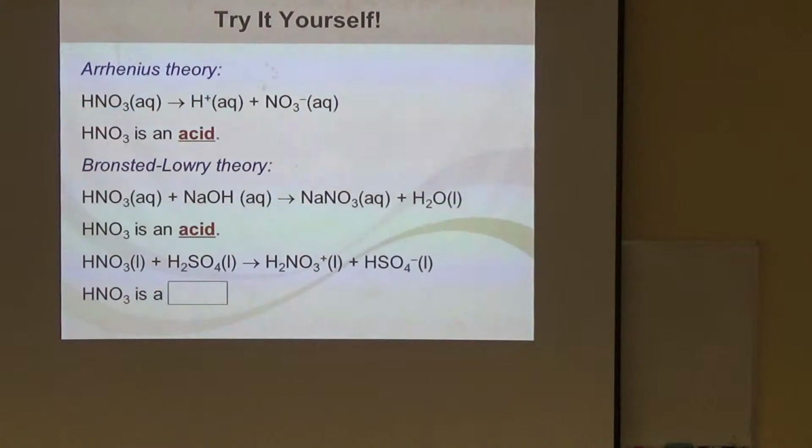Which is the one that donates it? So, in this case, the proton went to the nitric acid, so it is a base in this case. Sulfuric acid, later on you'll learn about acid strength. Sulfuric acid is a stronger acid. Force the nitric acid to accept a H+.